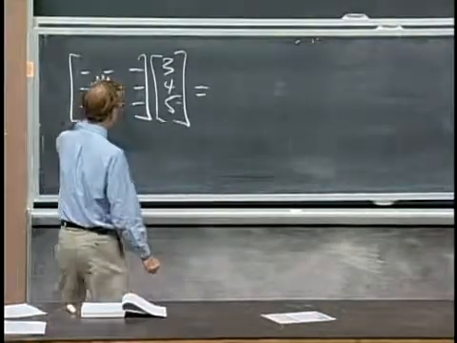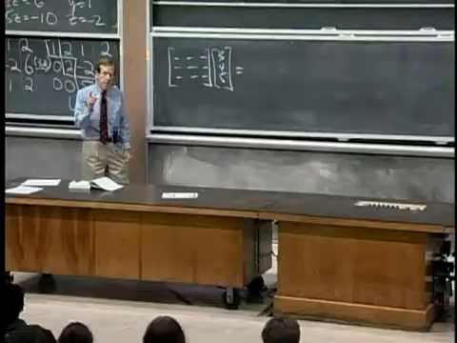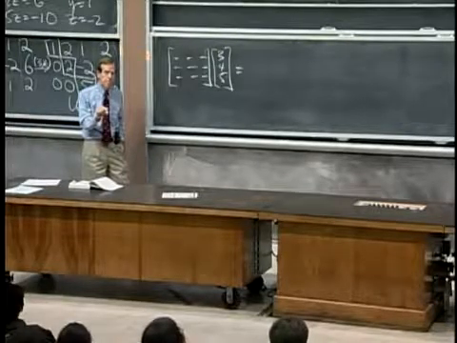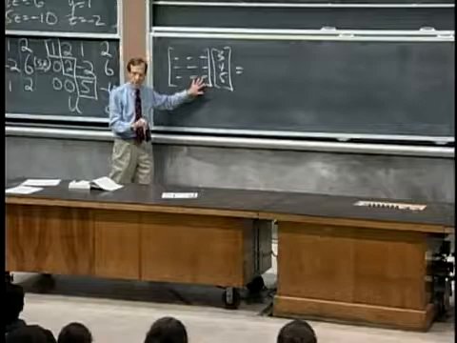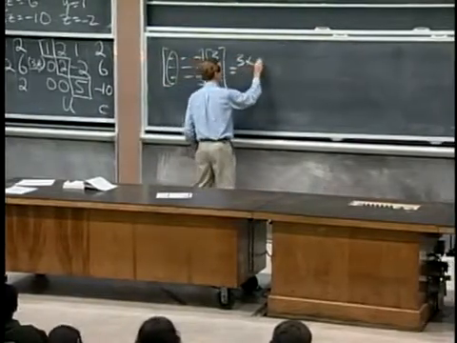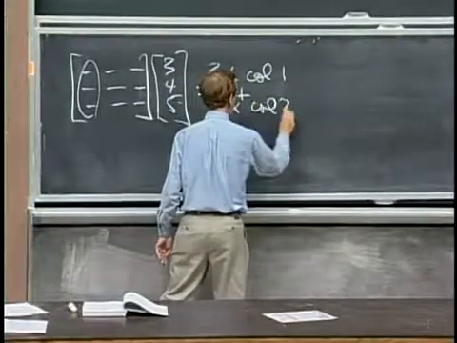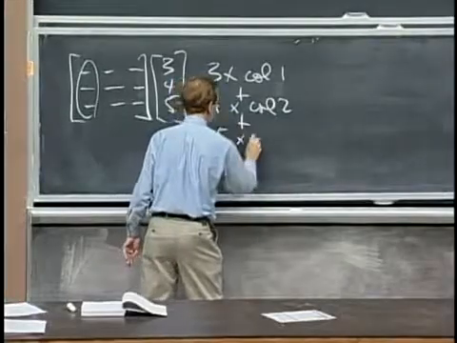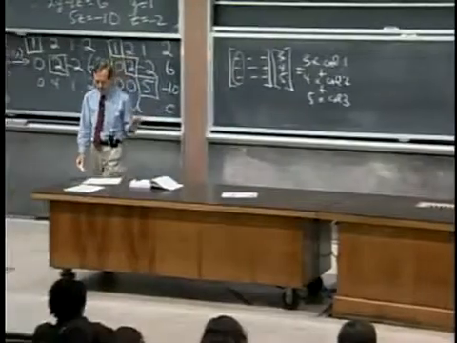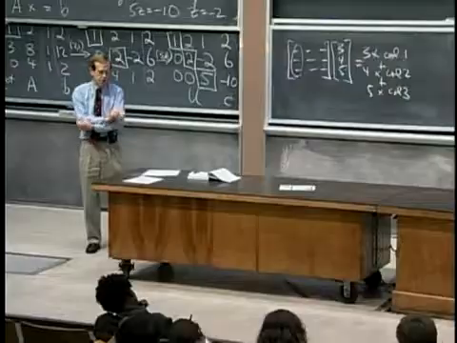The result of multiplying a matrix by some vector is a combination of the columns of the matrix. It's 3 times column 1 plus 4 times column 2 plus 5 times column 3. Okay, I'm going to come back to that multiple times.